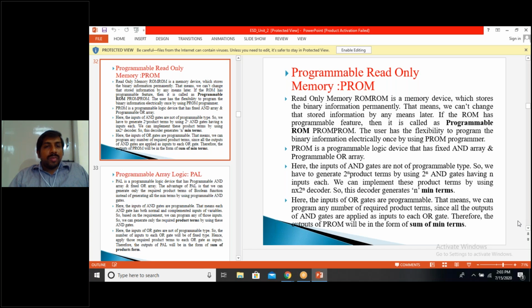It consists of a fixed AND array and a programmable OR array. This AND plane is going to implement product terms. A product term is nothing but a min term, and the OR plane is going to implement sum terms. So like that, we are implementing a sum of min terms in a read-only memory.